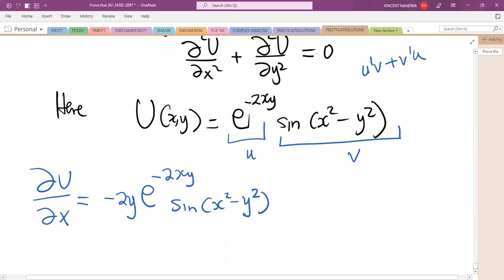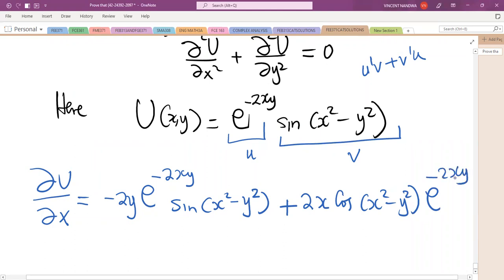And then plus derivative of this function. So first we differentiate this bracket, we get 2x. The derivative of the sine function is cosine. And then we multiply by this e raised to power minus 2xy.